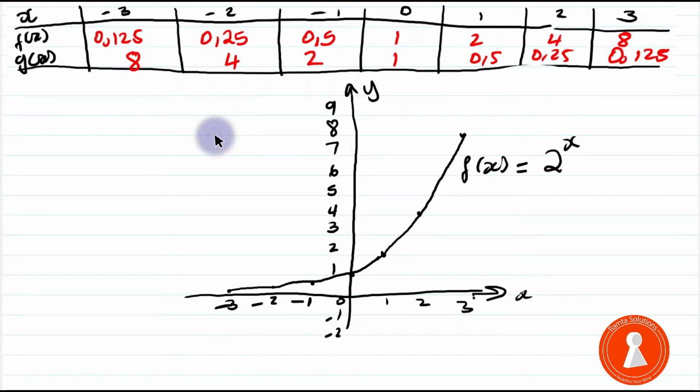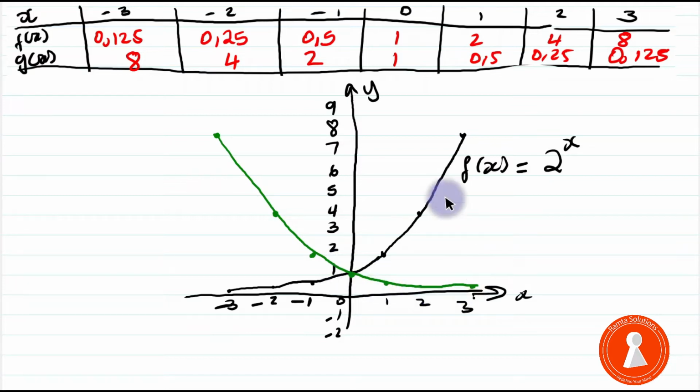8, 4, 2, 1, half, quarter, half of quarter. Right.